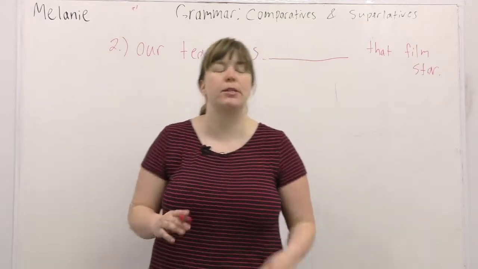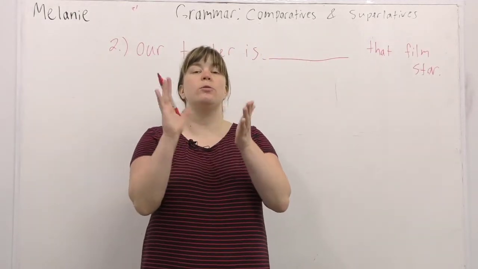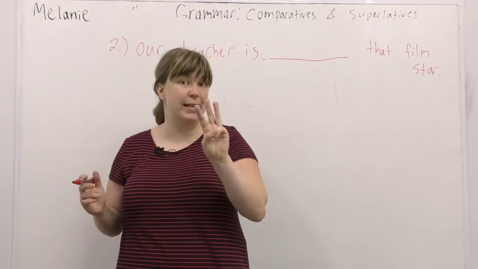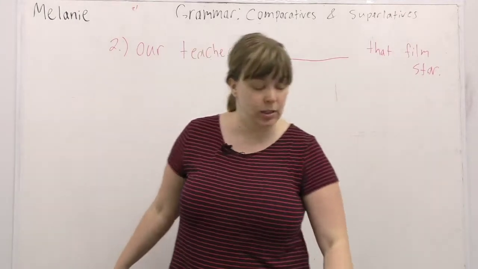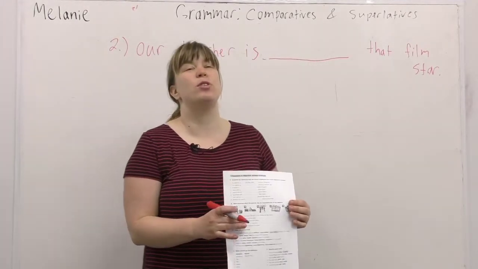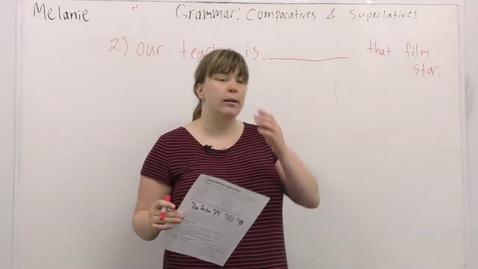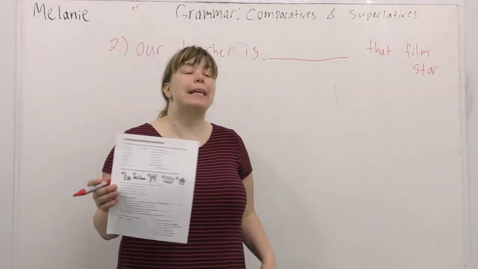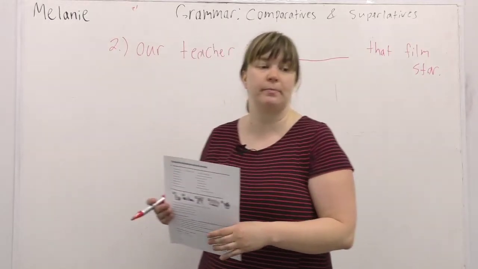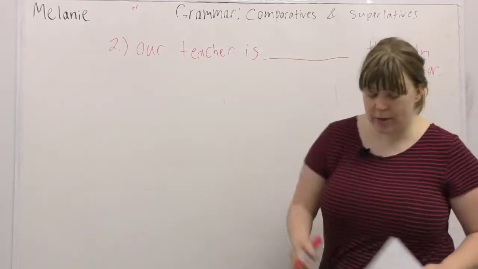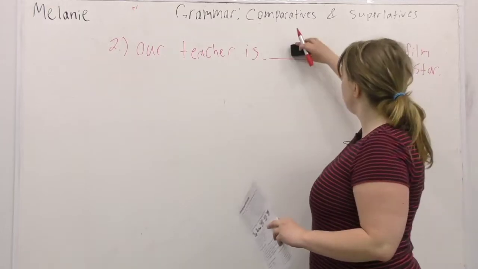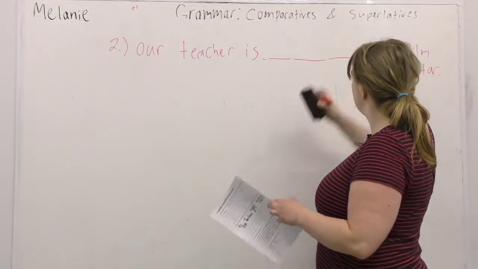So how many syllables is that? Beautiful. That's 3 syllables. So that means we can't say beautifuler, unfortunately. We don't add ER, but we have to add something else at the start. So there's 3 things we have to add.